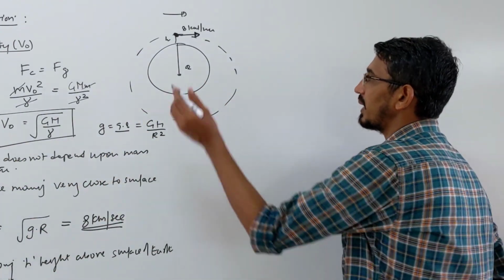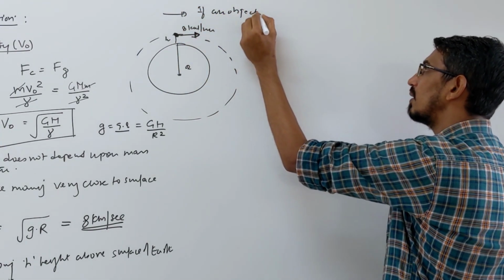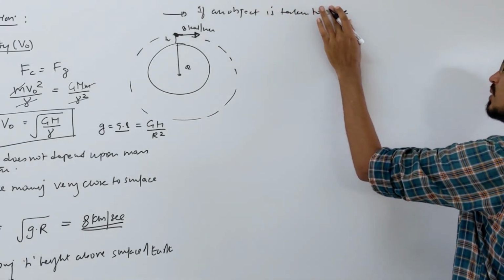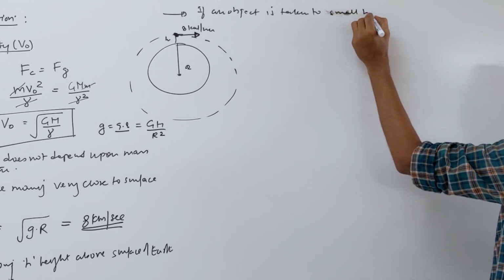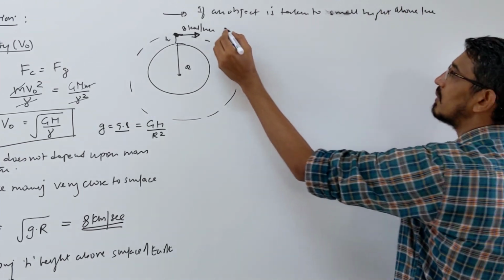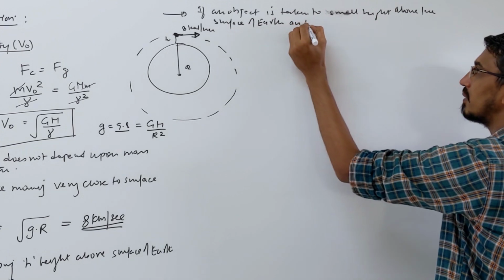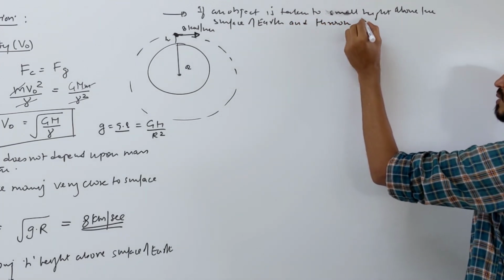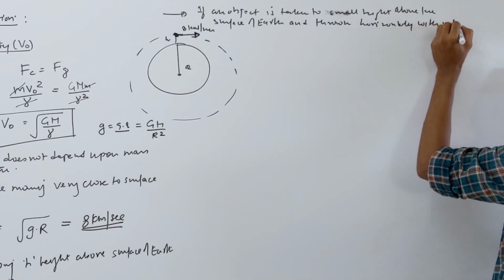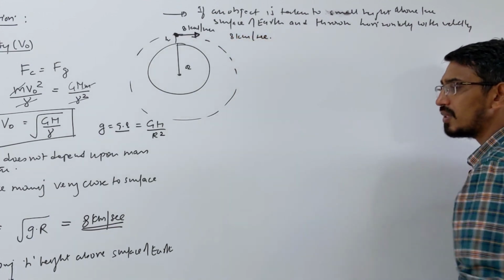So I am writing in words also, they can ask in an exam. If an object is taken to some small height above the surface of earth and thrown horizontally with velocity of, how much velocity, 8 kilometer per second, then what will happen?